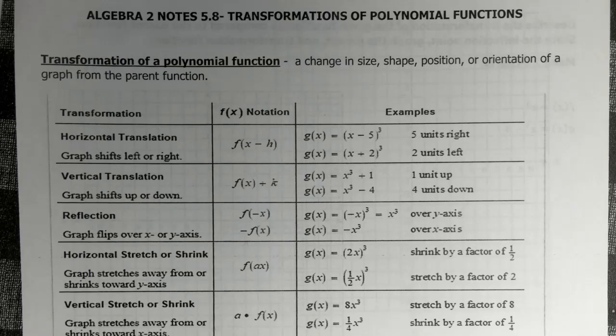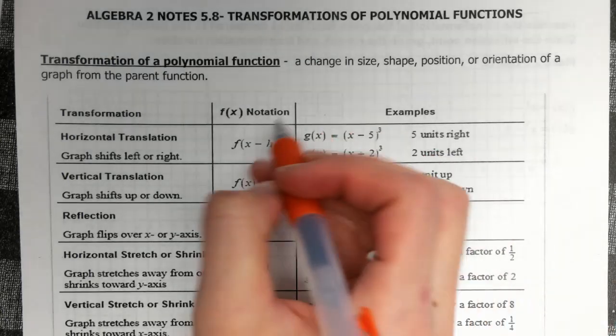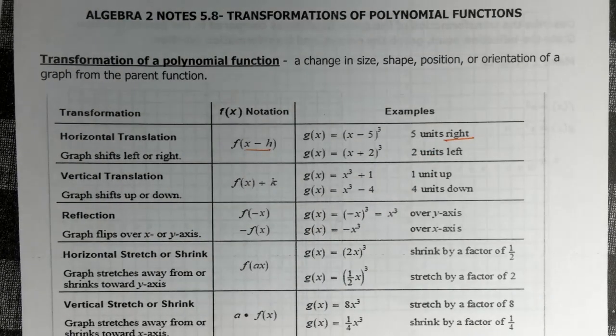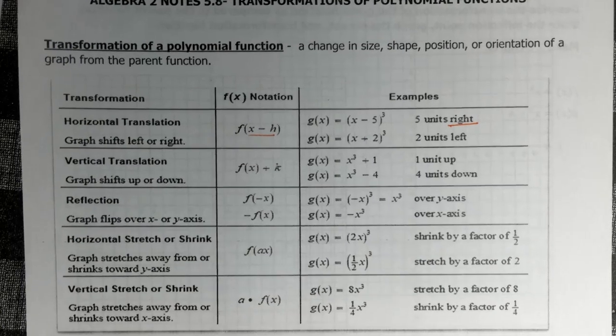I always say x is a liar. So if I have x minus a number, it's the opposite direction. You're really going right that many units. Okay, if you have x plus a number, you're really going to the left that many units. Okay, that you should be familiar with because I know we did that with quadratics.